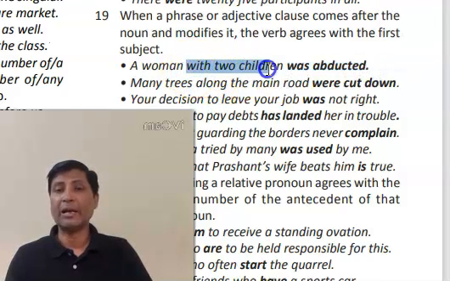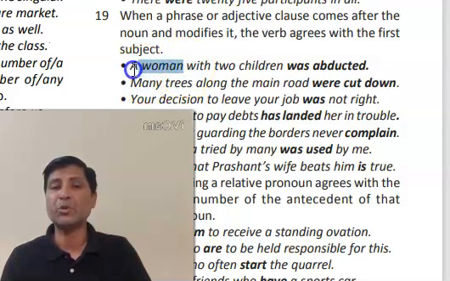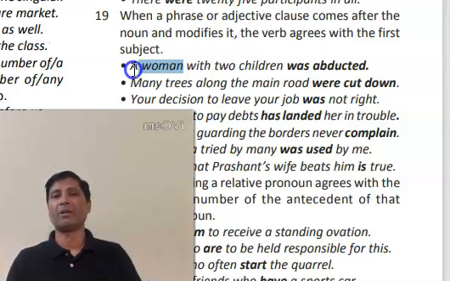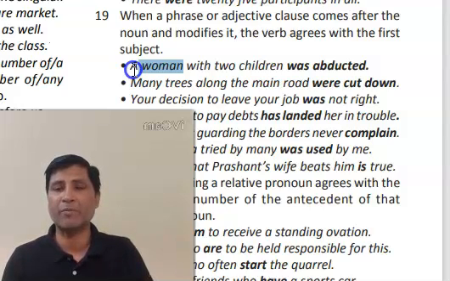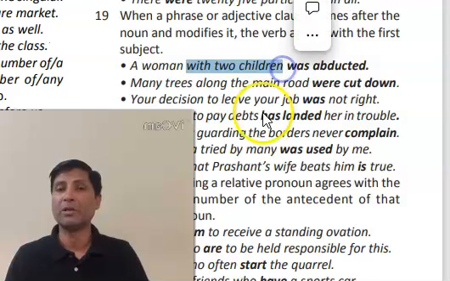This adjective phrase is describing this woman and giving some extra information about her. "A woman was abducted" would be complete; there was no need for "with 2 children." It just comes to add more information about the subject.